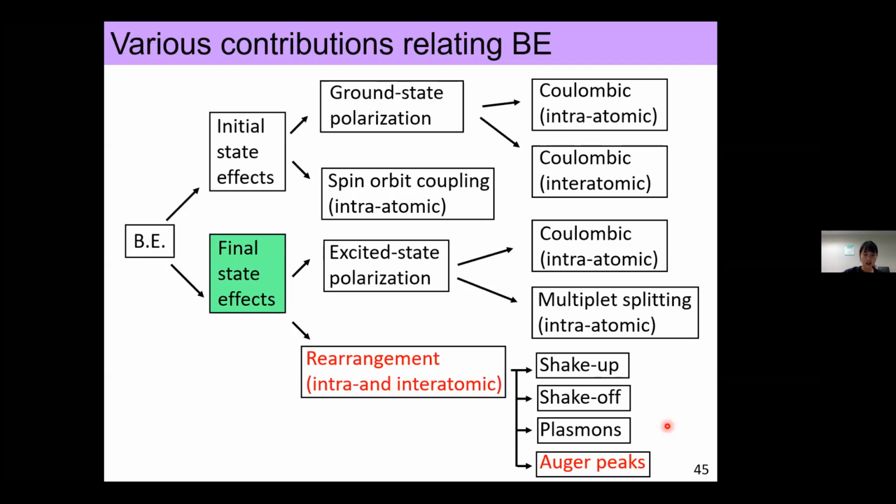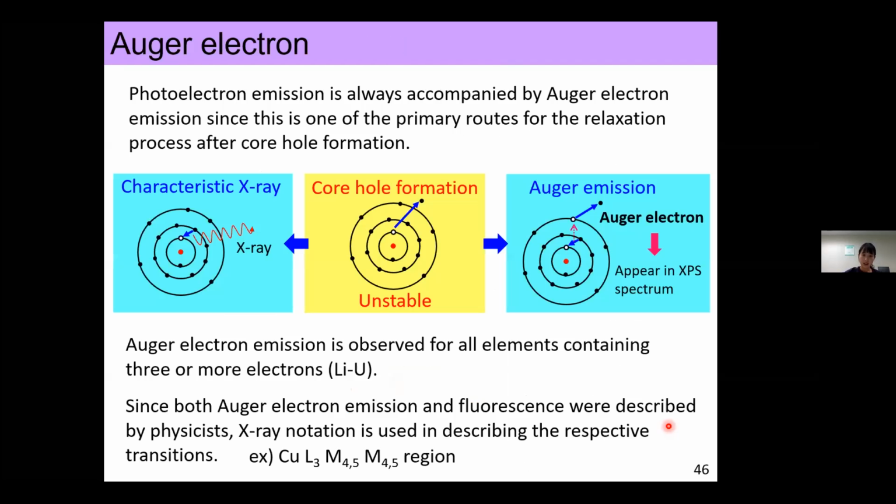So finally, I will explain about Auger peaks. As I explained before, photoelectron emission is always accompanied by Auger electron emission, since this is one of the primary routes for the relaxation process after core hole formation.